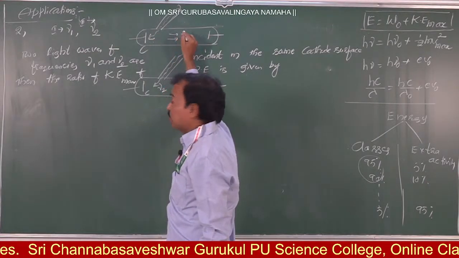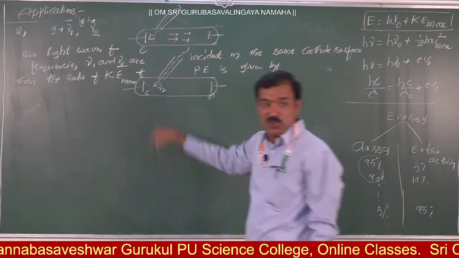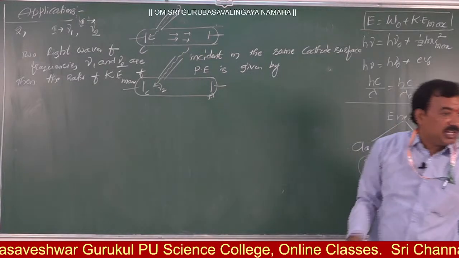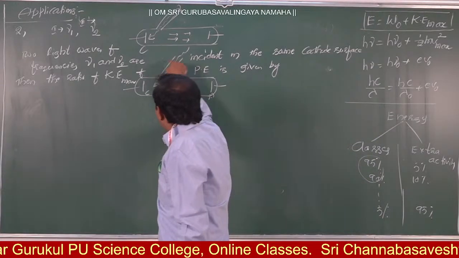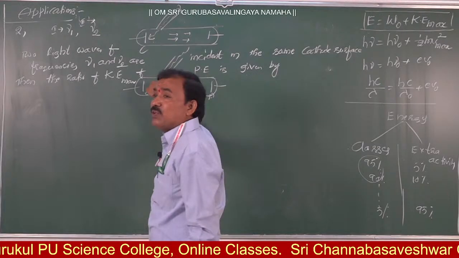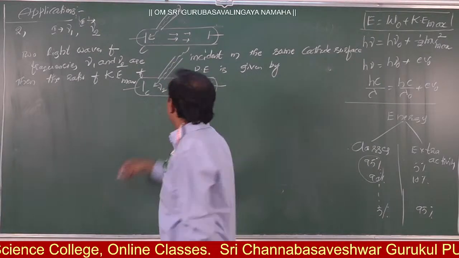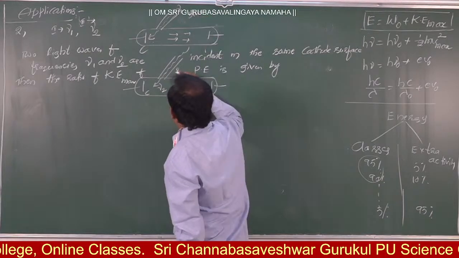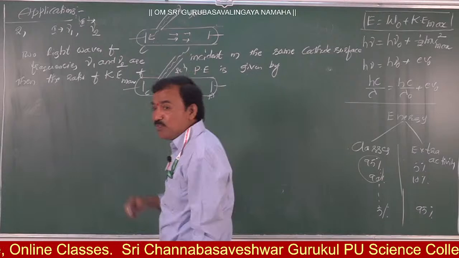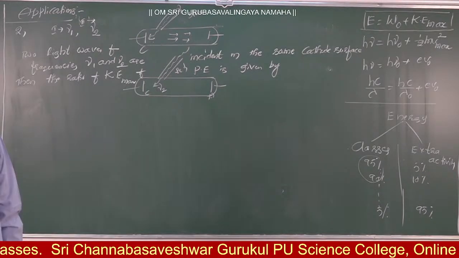Second, the same cathode surface, the same experiment, but we have to change only the frequency of the light. Now this frequency is nu2. The first may be blue color and this one maybe red color. That means the colors change, and whenever the colors change, the frequency also changes.